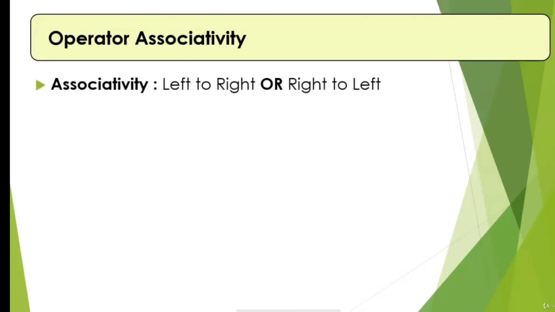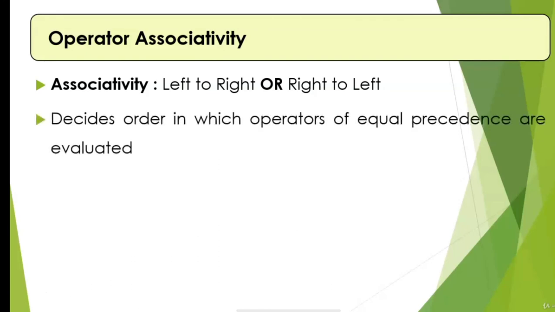Let's discuss operator associativity in detail. Associativity is either left to right or right to left. Associativity helps us to decide the order in which operators of equal precedence are evaluated. So if there is an expression wherein the operators have equal precedence, then associativity helps us to decide the order of evaluation.